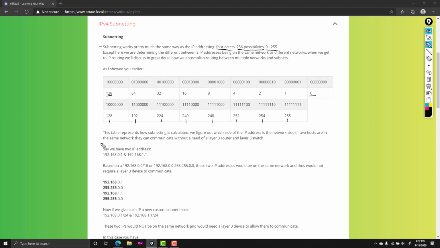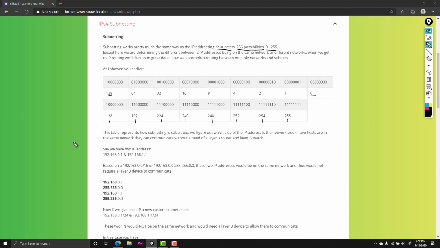So this table represents how subnetting is going to be calculated. We will have to figure out which side of the IP address is the network side, so if 2 hosts are in the same network they can communicate without the need of a layer 3 router or layer 3 switch.